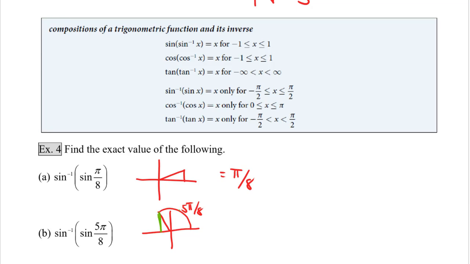Well, there's also an angle in quadrant 1 that shares the same sine. And we'll find that by finding the reference angle. So if this is 5 pi over 8, the reference angle is 8 pi over 8 minus 5 pi over 8, or 3 pi over 8. So the inverse sine of the sine of 5 pi over 8 has to be 3 pi over 8, so it will fall in the range.